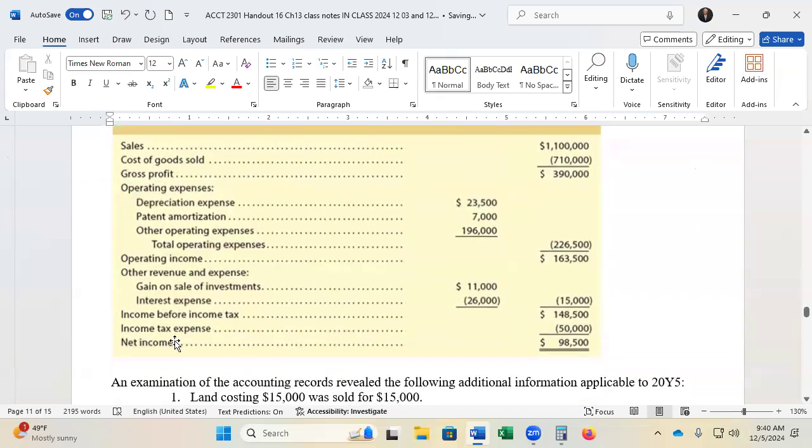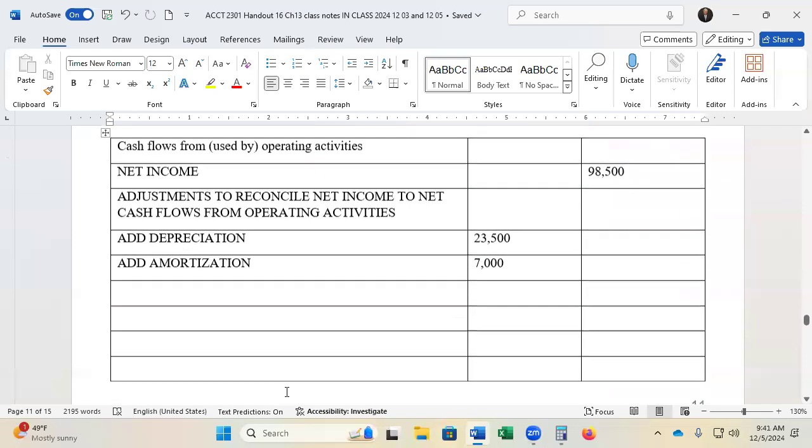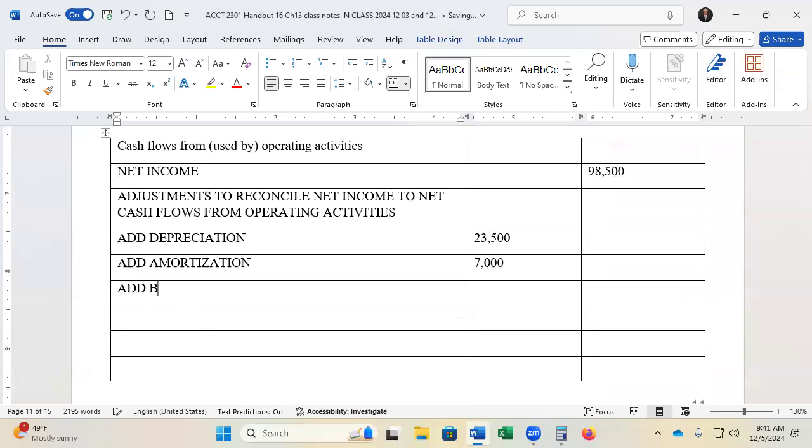In the income statement, we see there's a gain on sale of investments of 11,000. So we have to add back the gain. I'm sorry, we have to deduct the gain because it was included as a positive in net income. So that's deduct gain. We add back losses.